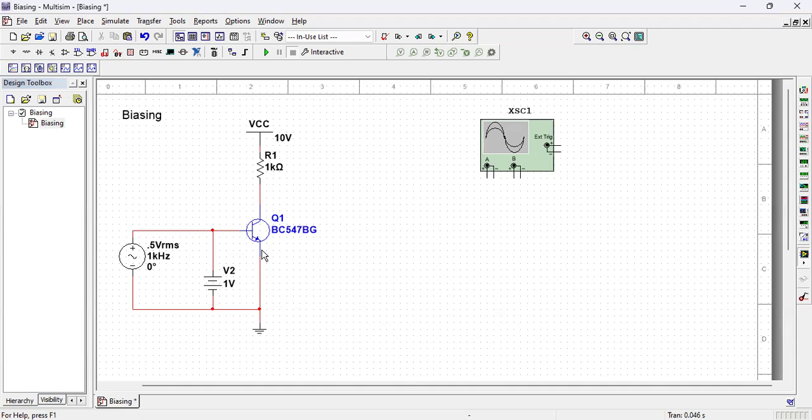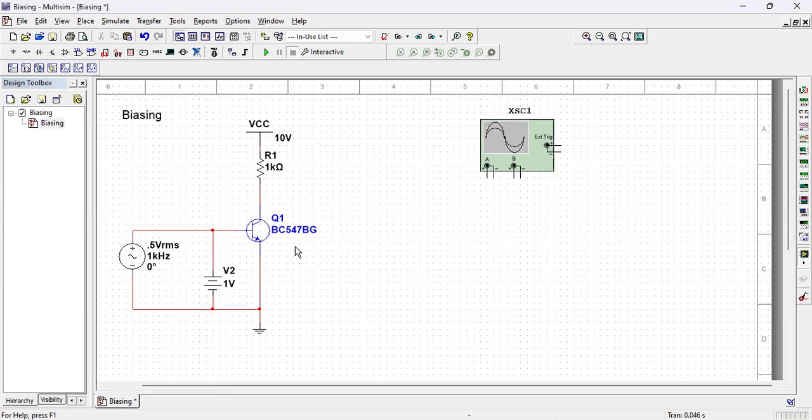Now, you might have already caught me that what I have said is something impractical. Because this base emitter junction, if it is a silicon transistor, the barrier is around 0.6 to 0.7 volt. If it is a germanium transistor, the barrier is 0.2 to 0.25 volt.